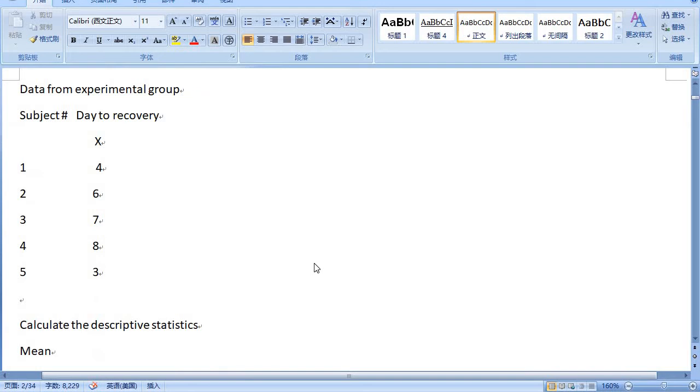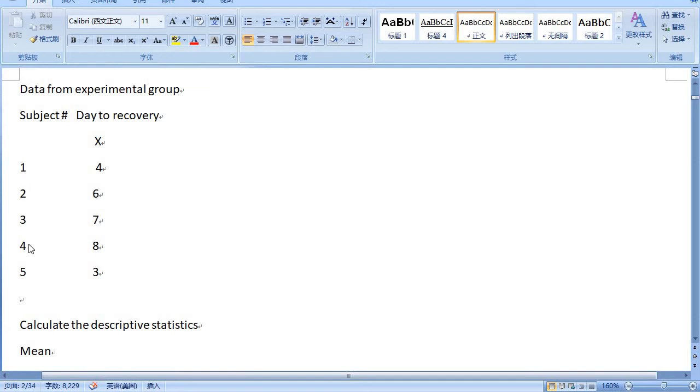We have very good, very solid, very rigorous design in this clinical trial, and then we get the data. These are the data from the experimental group, the real drug group. They receive the real medication, drugs. And we have given numbers to each subject, each patient.